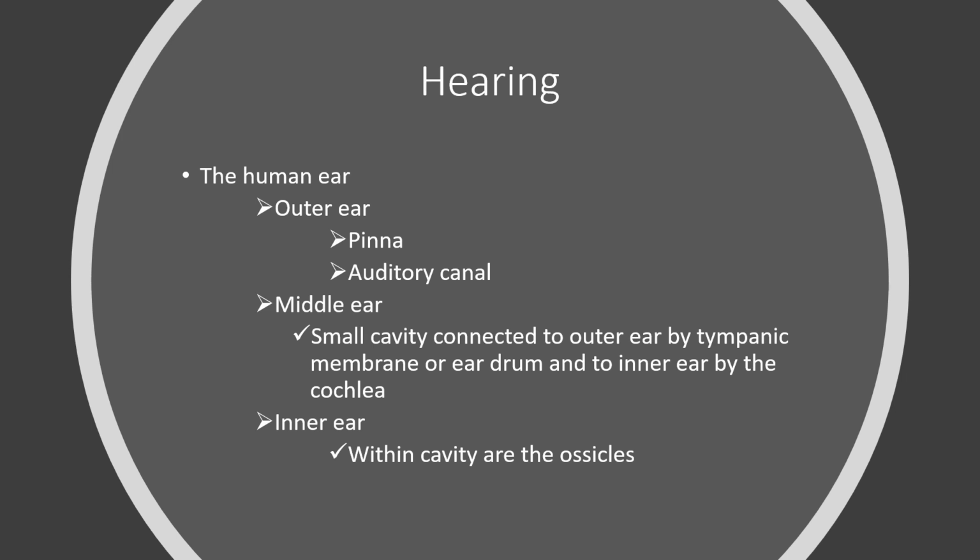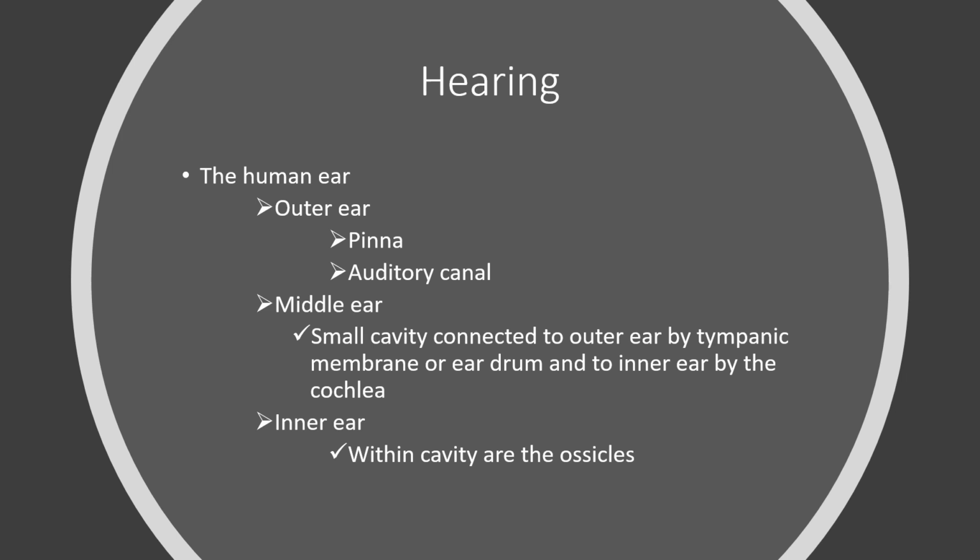Just as vision begins with light, hearing begins with vibrations, or sound waves, in the ear. The ear receives these vibrations and transmits them through various stages to the auditory nerves. So the ear comprises three sections, as you can see, known as the outer ear, middle ear, and inner ear.